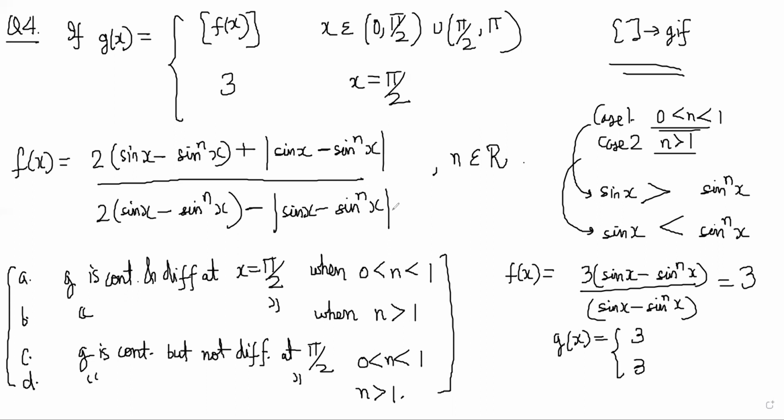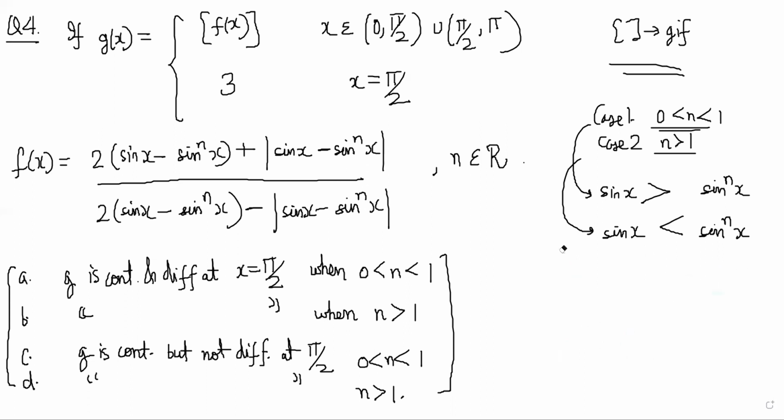Wait 1 second. Have we made some mistake? Oh, we have made a mistake. It's opposite. When sine is raised to the power of something fractional, it will become greater, no? Because it is less than 1 anyway.